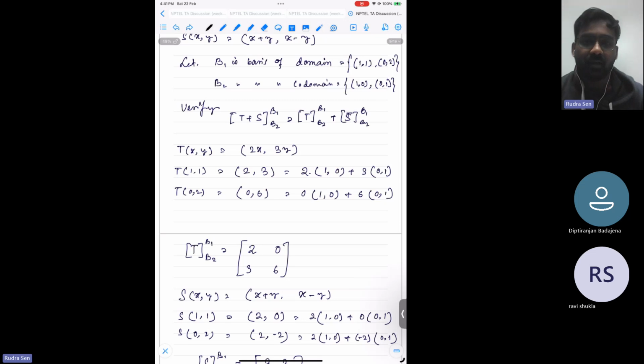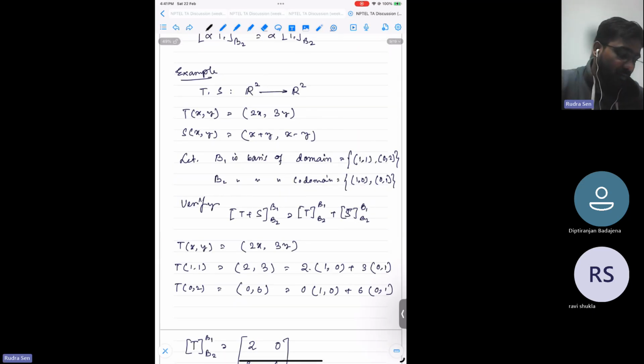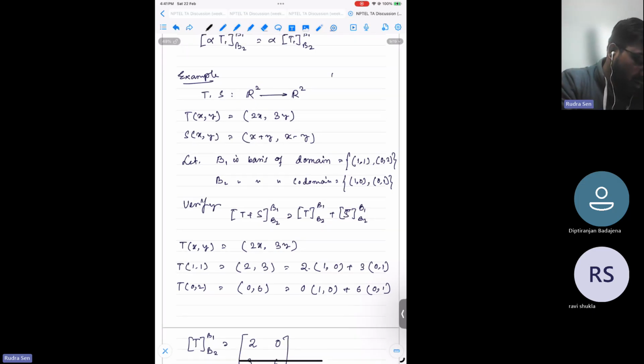If the number is exact and all the vectors are linearly independent, then they always span the whole space. So I'm considering here that this is the domain space R2. And if you remember when we talked about basis, basis is not unique. Basis can be anything. Like in the R2 case, the standard basis is 1, 0 and 0, 1.